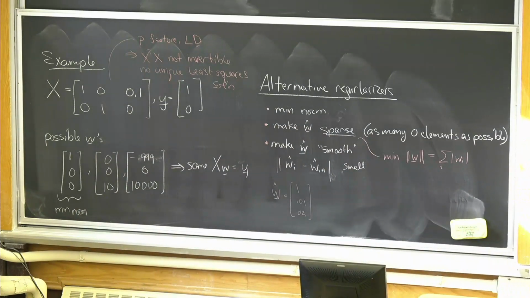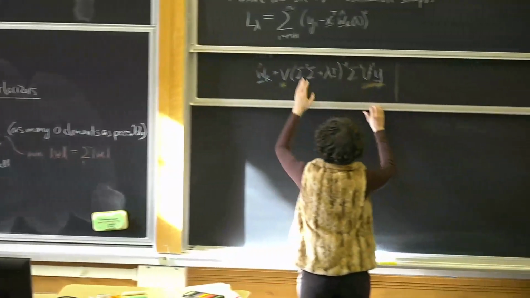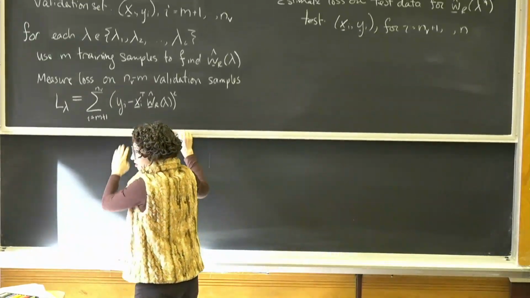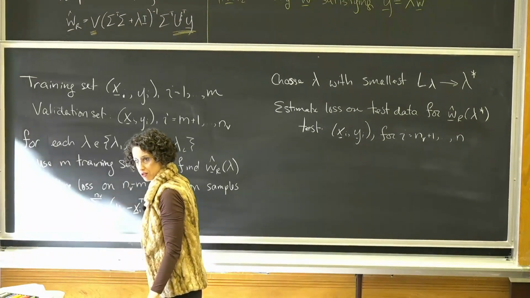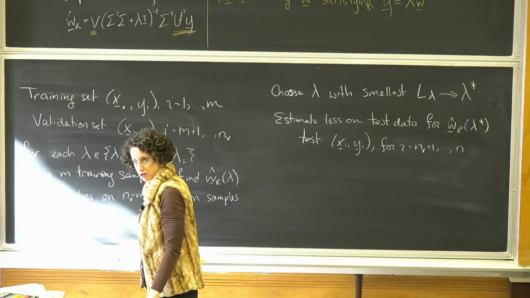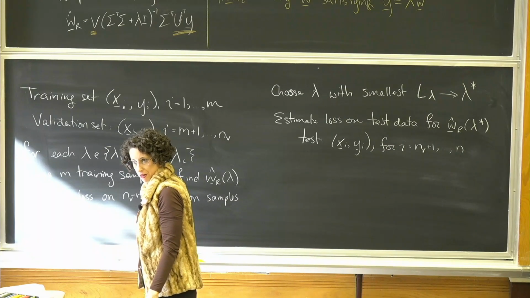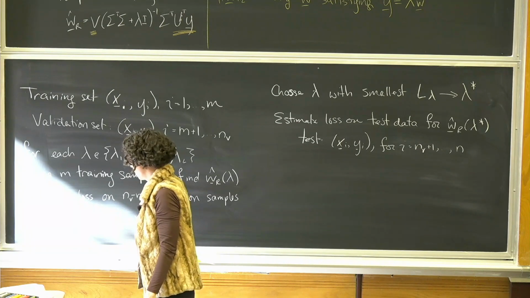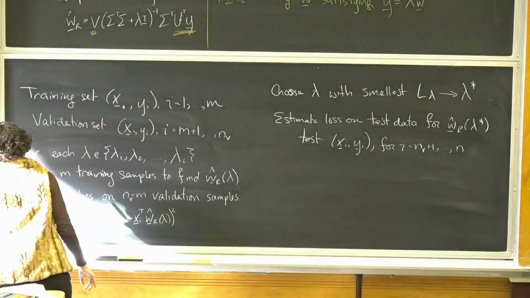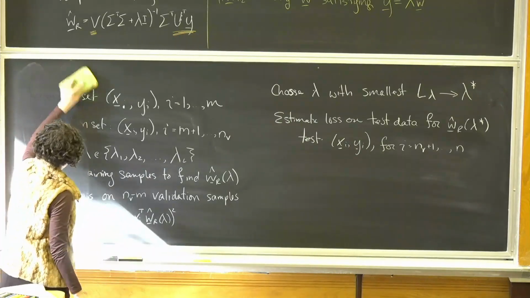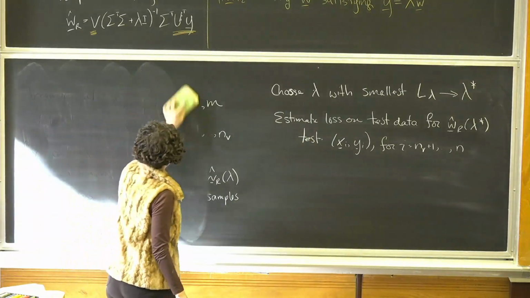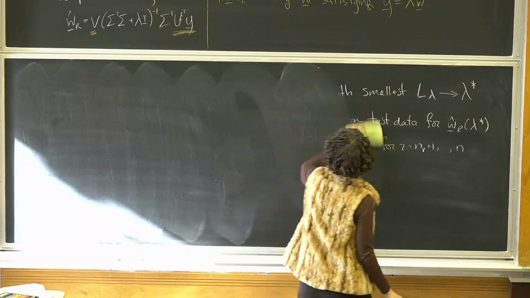So the first question was, is there a good geometric interpretation of the pseudo-inverse? It's a great question. I'm not sure. I need to think about that a little bit. But in terms of the second part you were asking, how do we think about minimum norm versus sparsity?